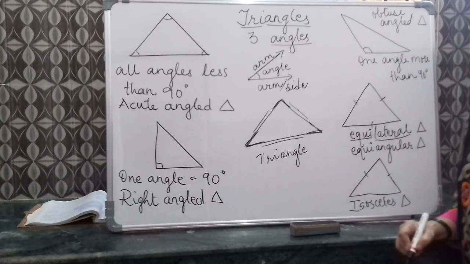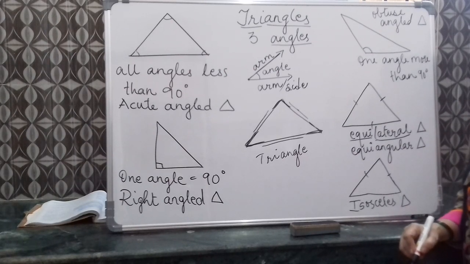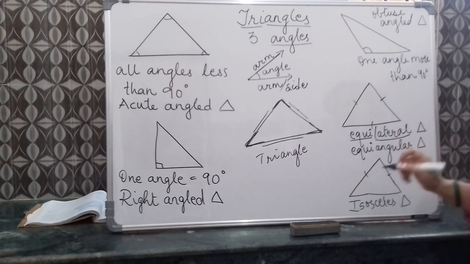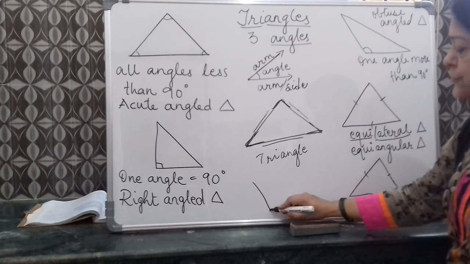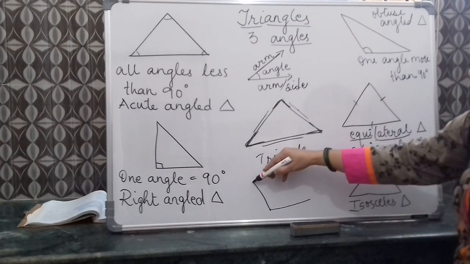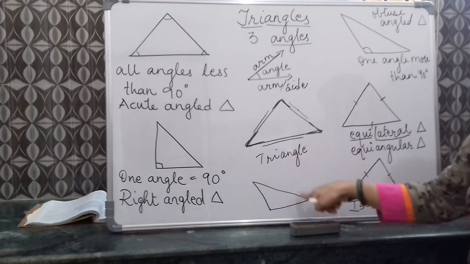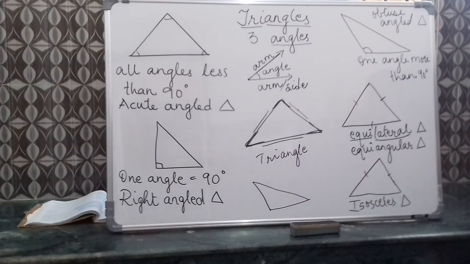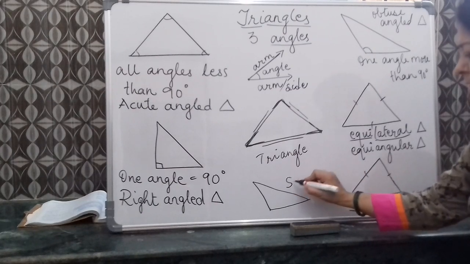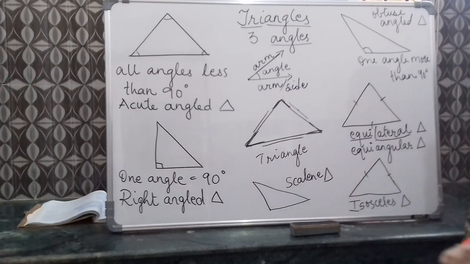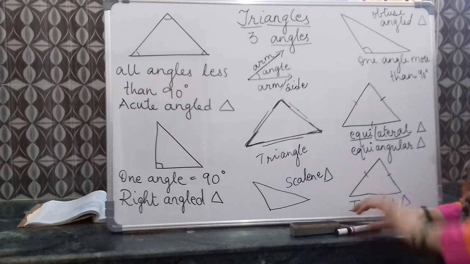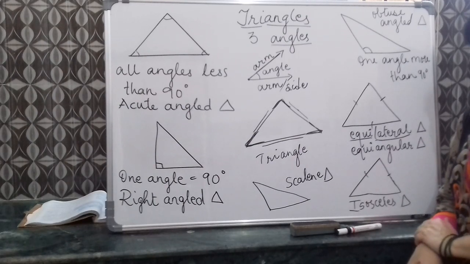And you have got a third type of triangle in which none of the sides are equal. Such a triangle is known as a scalene triangle. Now children, these are the types of triangles that I have told you.